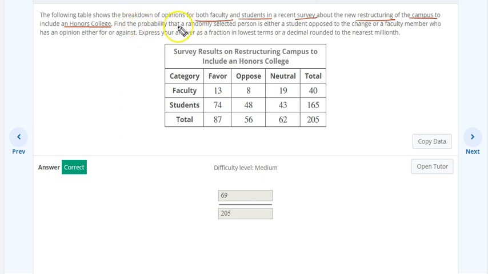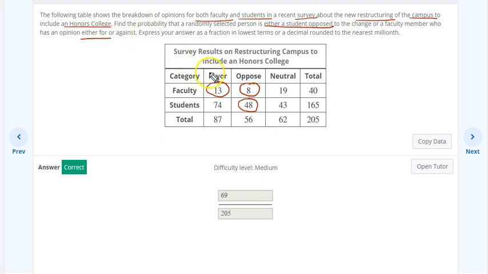Find the probability that a randomly selected person is either a student opposed. So let's look at our chart. Which are students opposed? Right there. To the change, or a faculty member who has an opinion either for, well, the ones in favor, or against.